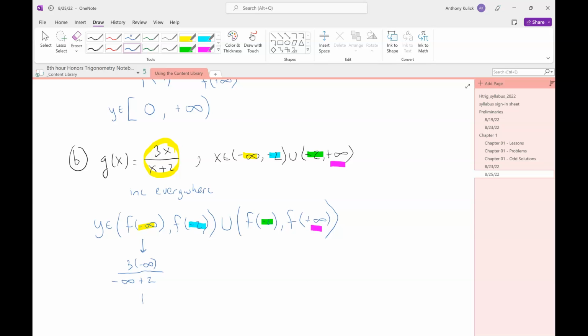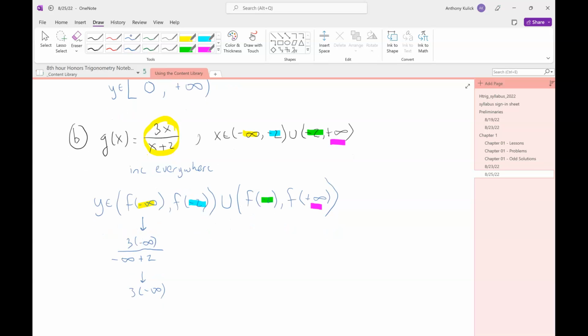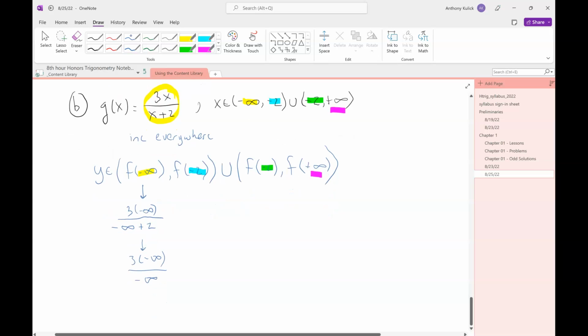Let's do the denominator. Everybody's okay with that? What's 3 times negative infinity divided by negative infinity? 3.